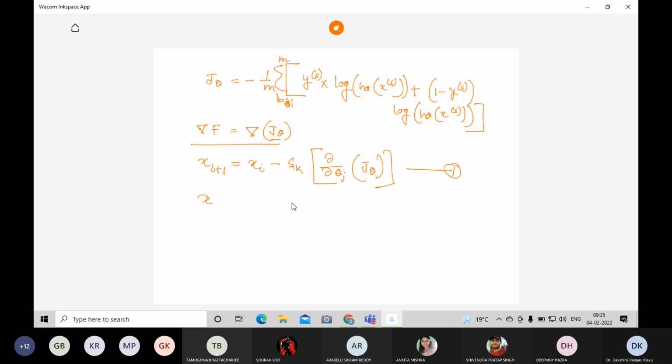If we consider Newton's method, we can write x_{i+1} equals x_i minus the inverse of the Hessian matrix, and the remaining part of this partial derivative will be the same.